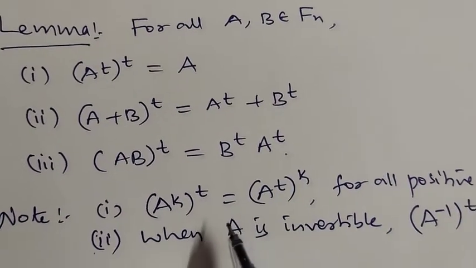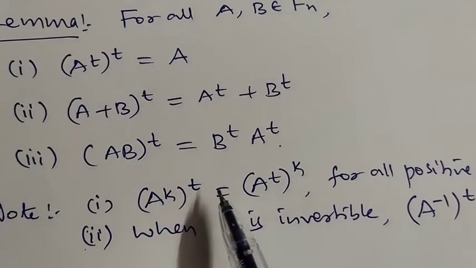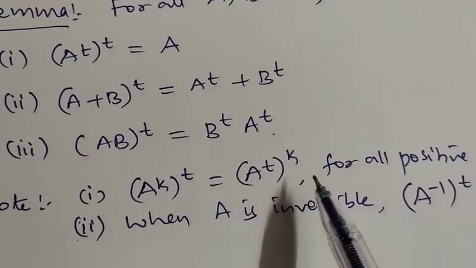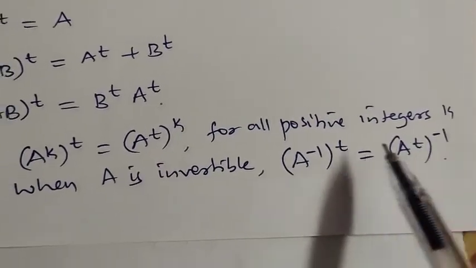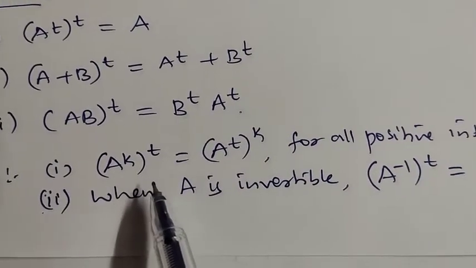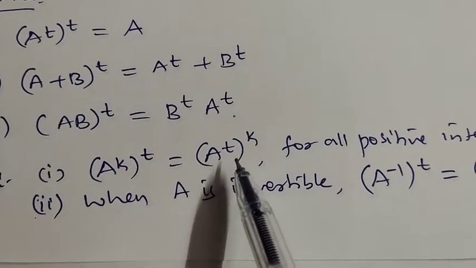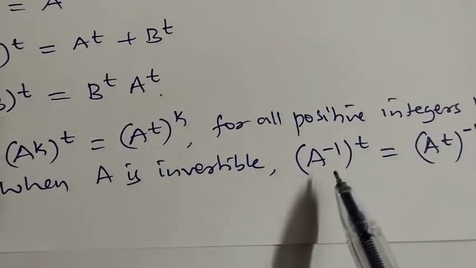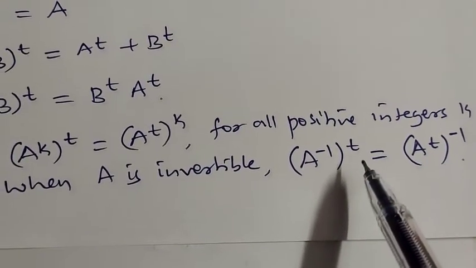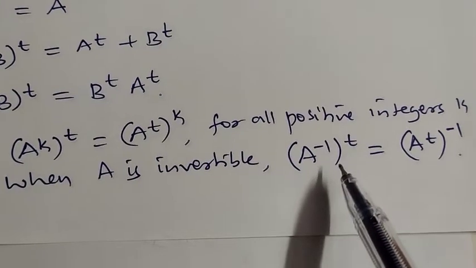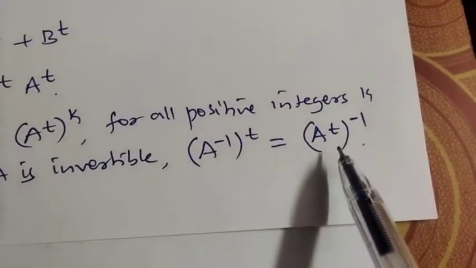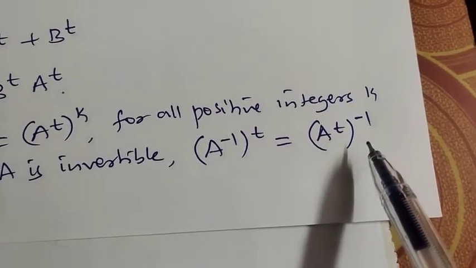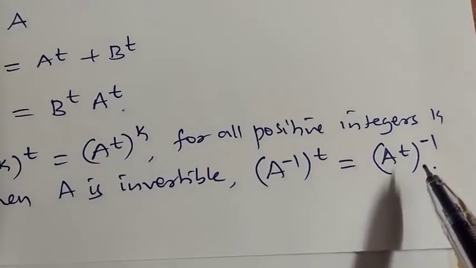Note that the transpose of A power k is A transpose to the power k for all positive integers k. Now when A is invertible, the inverse of the transpose of a matrix is the transpose of the inverse: A inverse whole transpose is A transpose inverse. These are elementary results. I leave the proof to you.